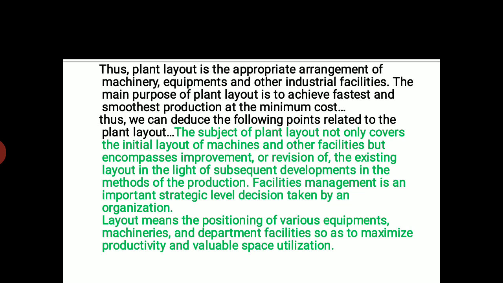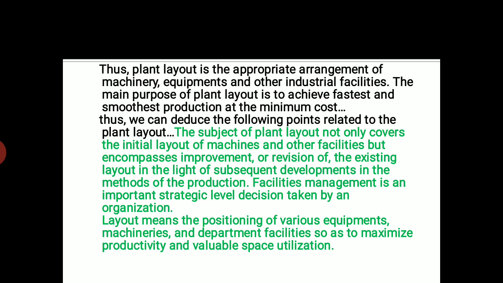That means if an industry haphazardly plans out its production after deciding its location, and the layout is not properly designed, then it may not have the fastest, it may not have the smoothest, or it may not have cost effective production.